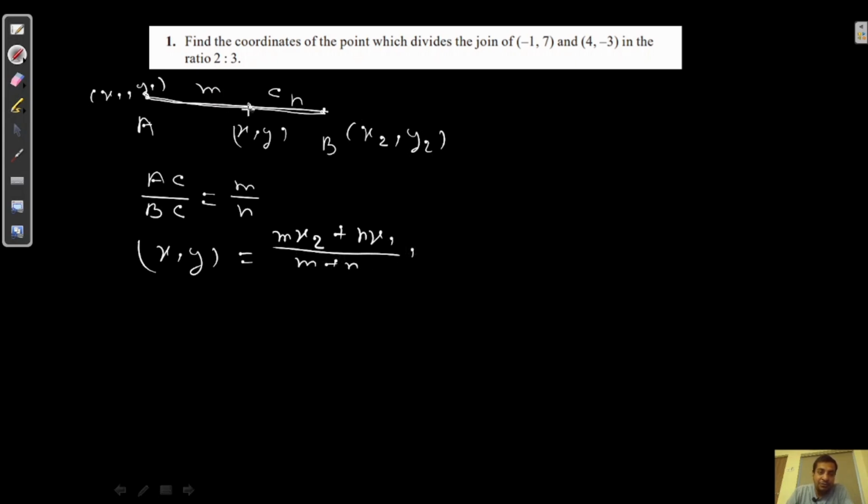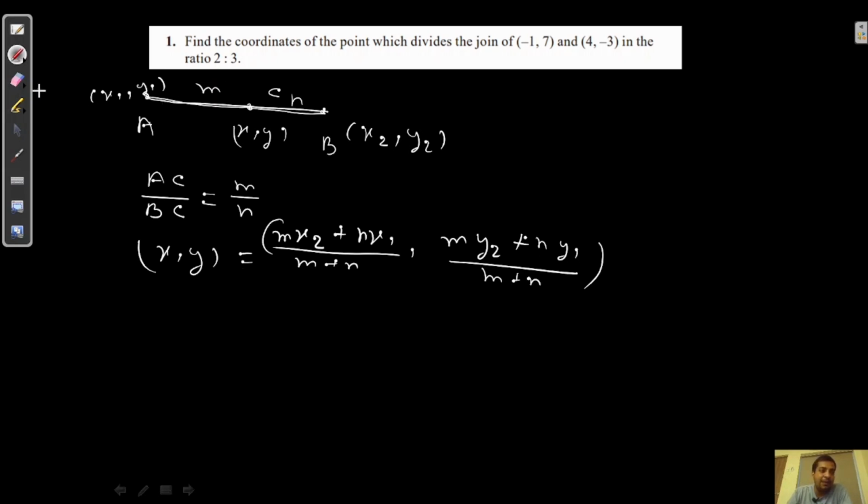Then we repeat the same for the y-axis: m into y2 plus n into y1 upon m plus n, and we close it in a bracket. So this is our formula for the point which divides a line segment in the ratio m:n, where the coordinates of both the end points of the line segment are given. Now we have seen what the formula is.